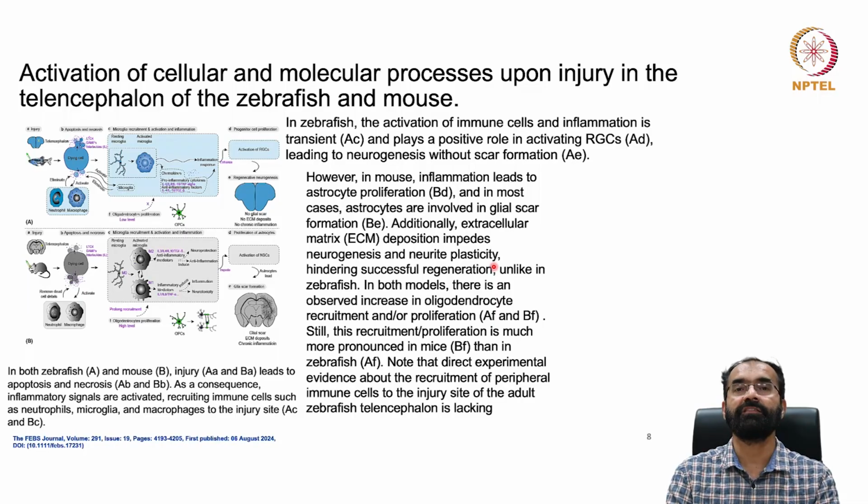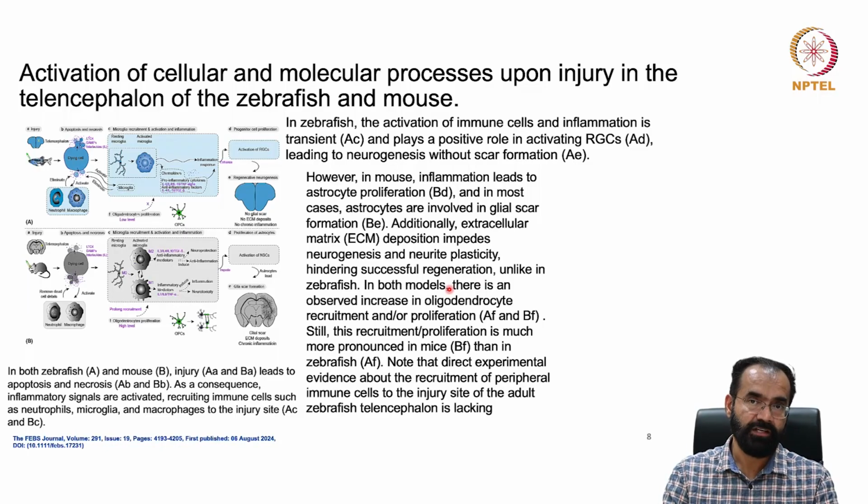It is just like traveling, taking your cycle through a very crowded road, a traffic jam road. You are going by bicycle, even walking by foot will be very difficult. So you have too much junk that is formed, which will prevent neurogenesis, the formation of new neurons, and neurite plasticity, making new connections, hindering successful regeneration. So the formation of too much ECM hinders successful regeneration.